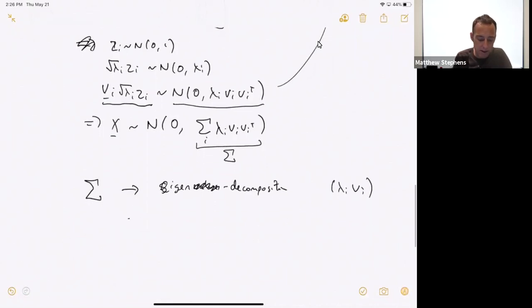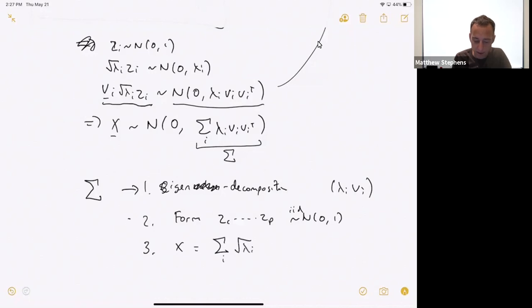Then form the z's, z1 up to zp, which are independent normal 0, 1. And then set x to be the sum over i of the square root of lambda i times zi times vi. So that's how to generate x normal 0, sigma.